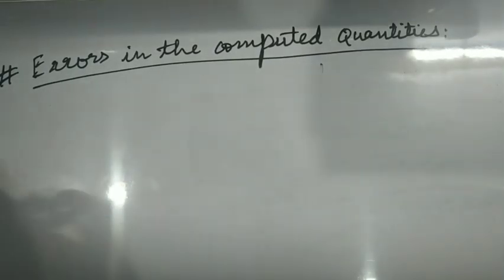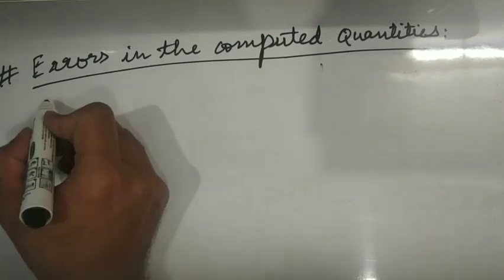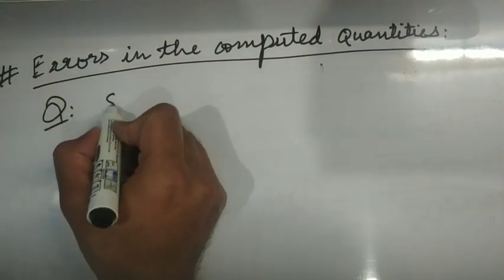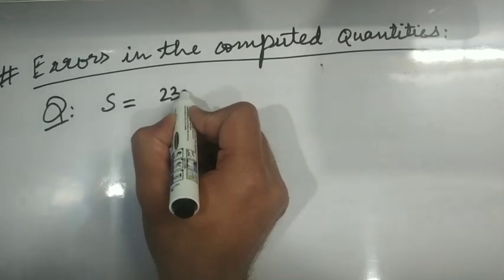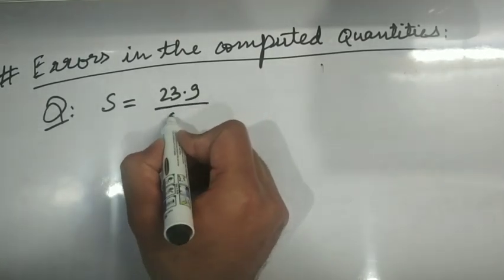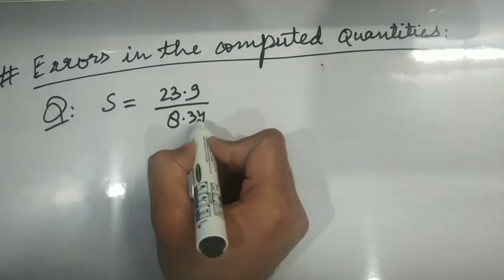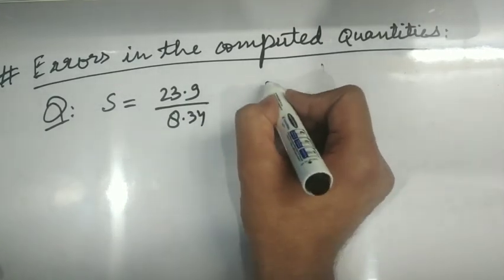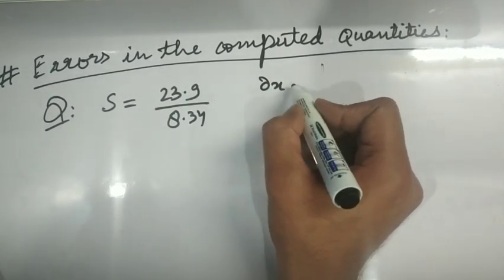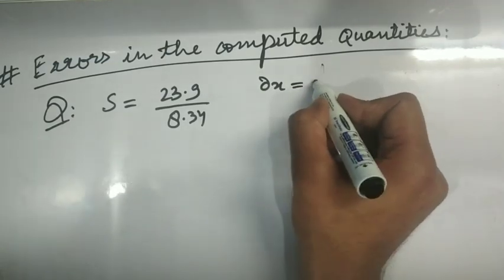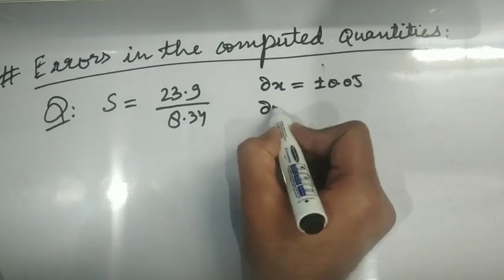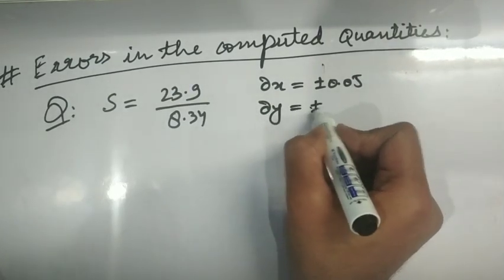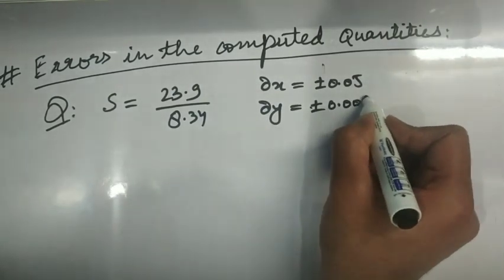See, the numerical says, if we have given a quantity S as the ratio of two quantities, 23.9 upon 8.34, and he has given error in x, dou x, as plus minus 0.05 and error in y, dou y, as plus minus 0.005.